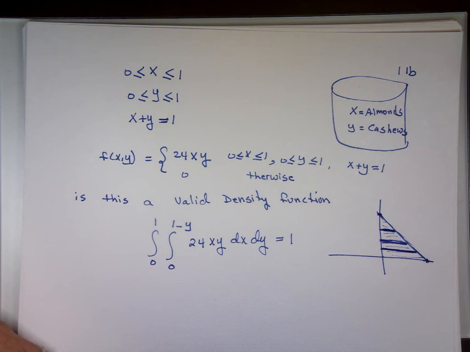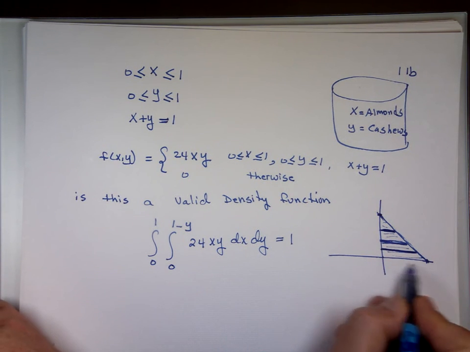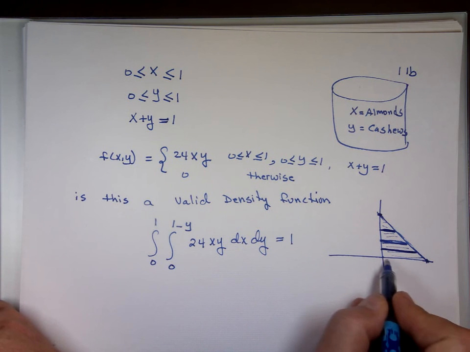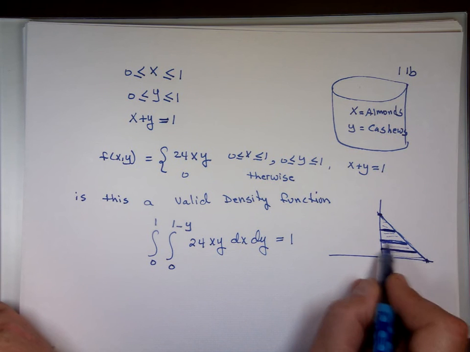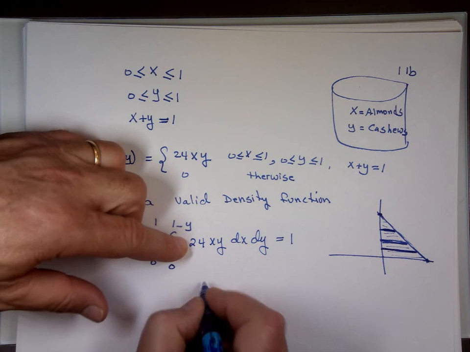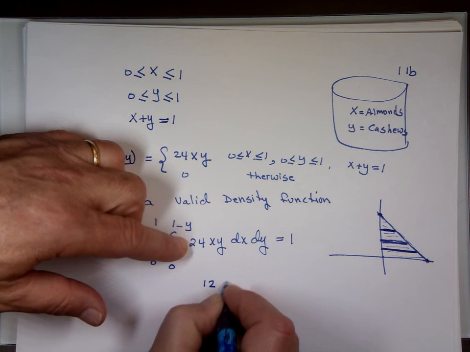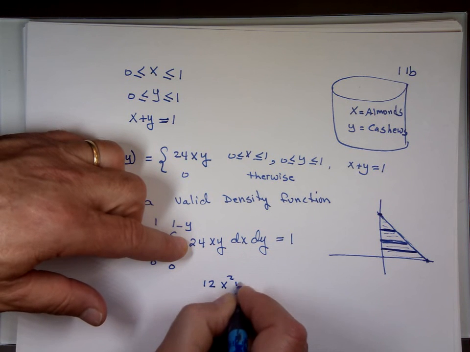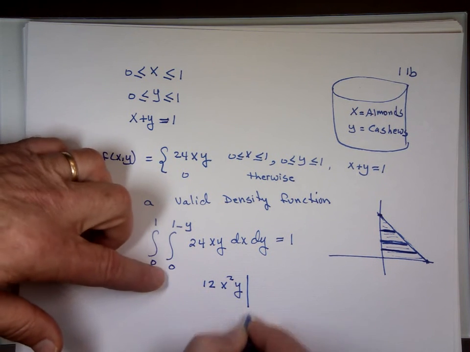The only time you go to 1 is when you're right on this line, because y is what? 0. What's 1 minus 0? You go to 1. But after that, you go a little bit less each time. It's not a 1. So if you integrate with respect to x, this will be 12 x squared y in the first one. And x is going from 0 to 1 minus y.